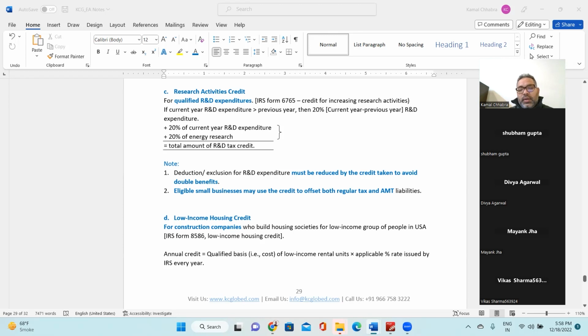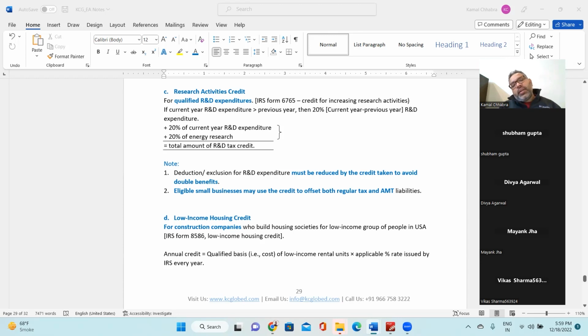If the current year R&D expenditure is more than the previous year, then 20% of the current year minus previous year expenditure is allowed as a tax credit, right?